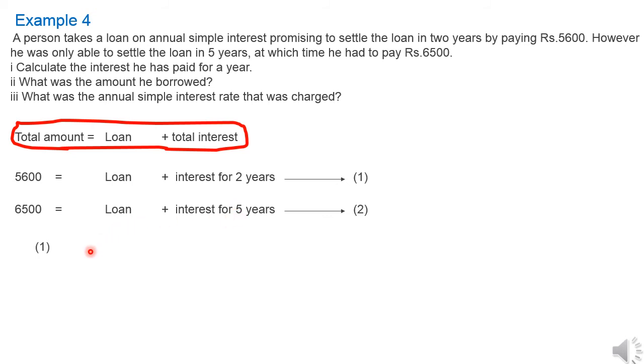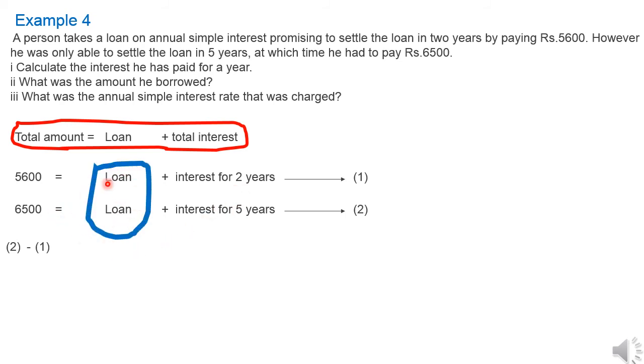Now if I subtract the first equation from the second equation, what happens? On the right hand side, loan minus loan, the loan cancels out, then interest for 5 years minus interest for 2 years, so it remains interest for 3 years, right?